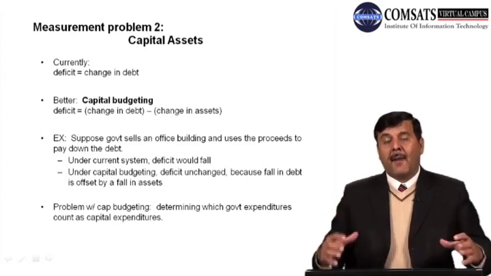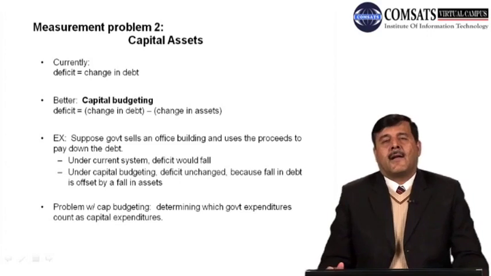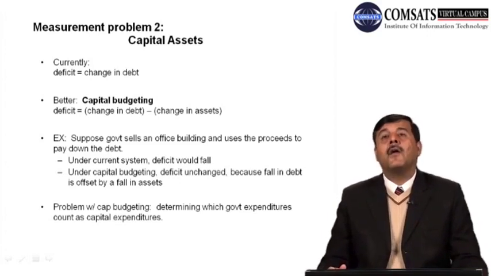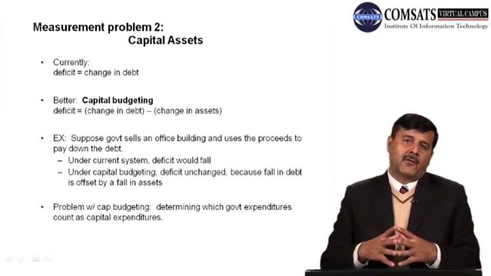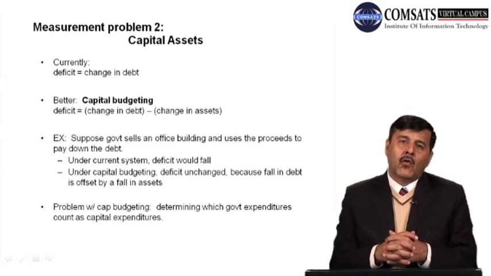So capital assets is a very, very important parameter that needs to be considered कि जब आप डेफिसिट मेजर कर रहे हो तो कैपिटल एसेट्स का भी ख्याल करना चाहिए कि उसमें क्या कमी हुई या उसमें इजाफा हुआ. Whenever there is change in debt, of course जो कैपिटल एसेट्स हैं उसमें भी कमी बेशी होती रहती है.